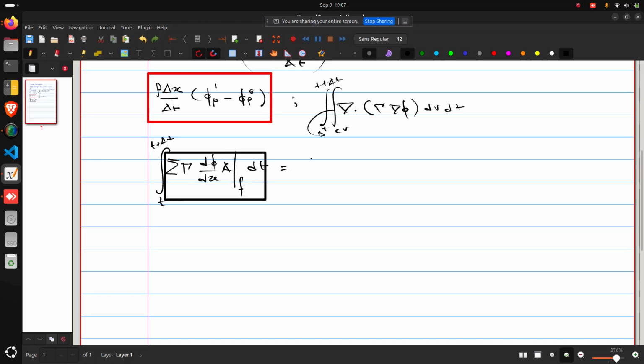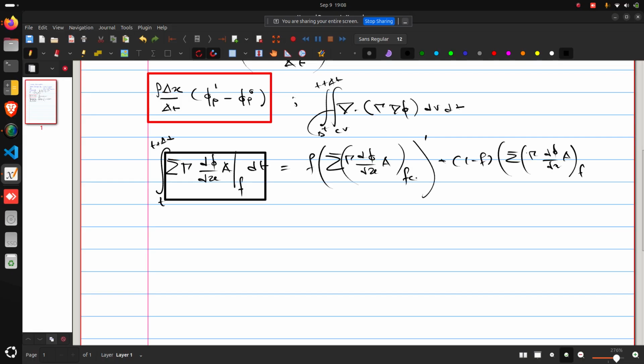So it will be nothing but f times the summation of gamma d phi dx A at the faces at time 1, plus 1 minus f times the summation of gamma d phi dx A at the faces at time step 0, right?